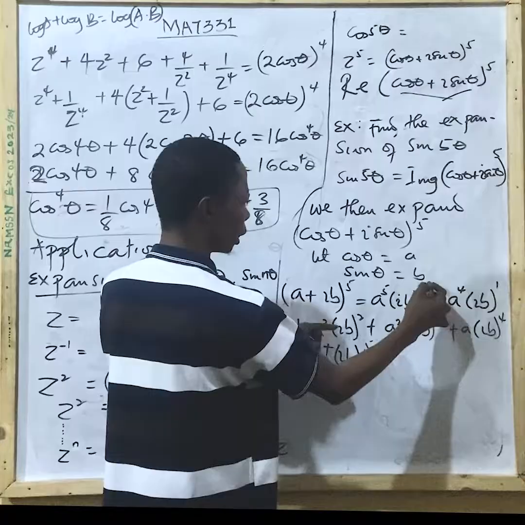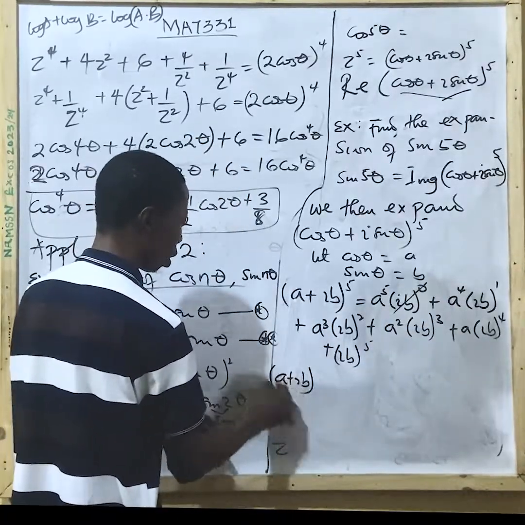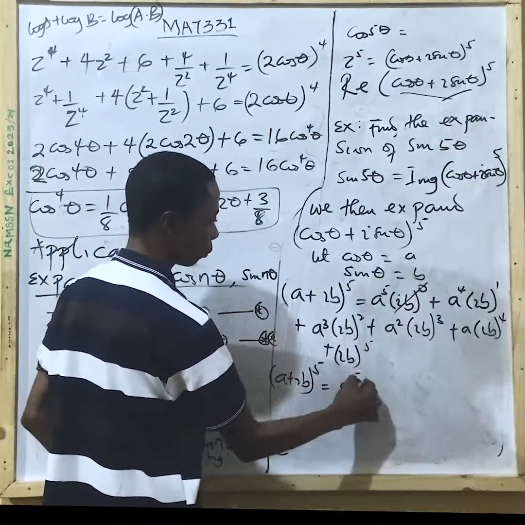So anything raised to power 0 is 1. So A plus iB all raised to power 5 is equal to A raised to power 5.